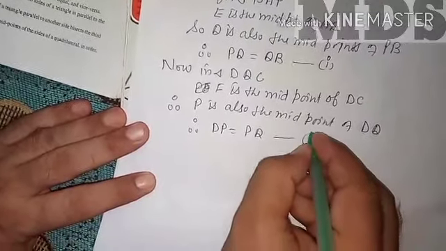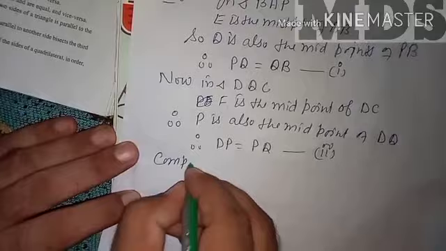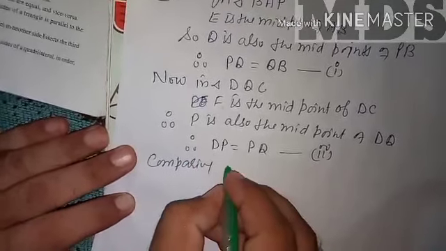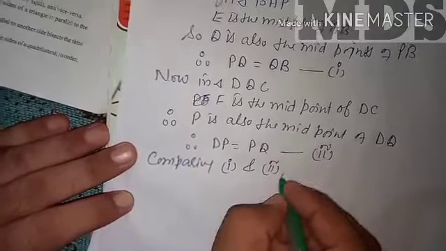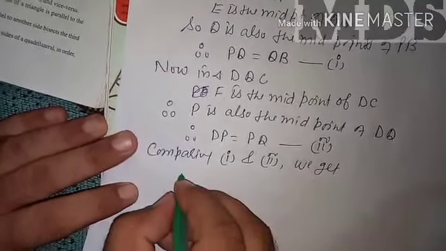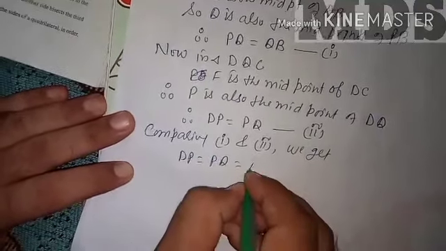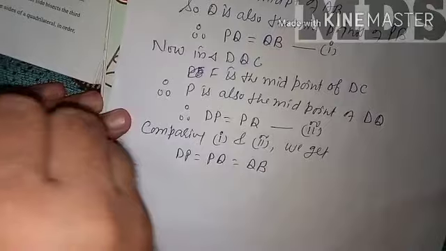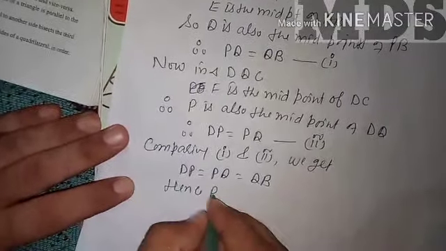This is your second. Comparing first and second, we get DP is equal to PQ is equal to QB. Hence result.